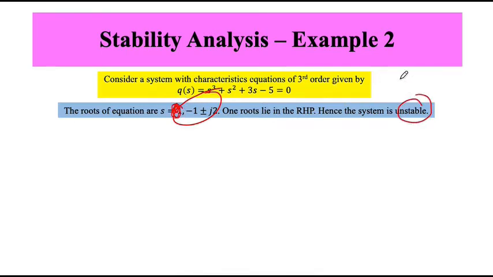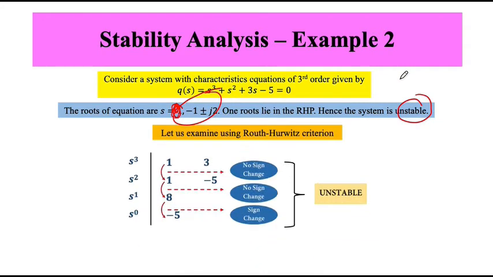I will verify this with Routh's criteria. So I write s cube, that is 1, then s, 1, this is s square, this is s 0. I write this from the characteristic equation.